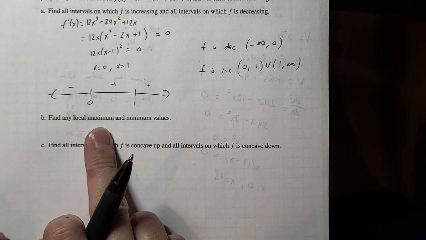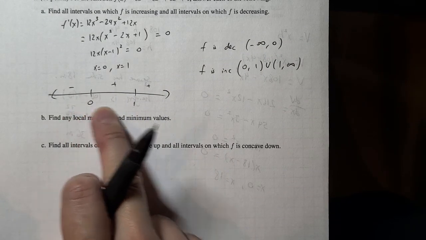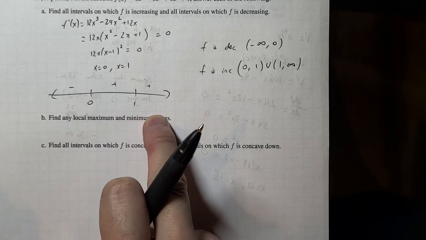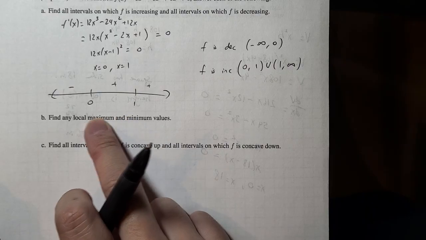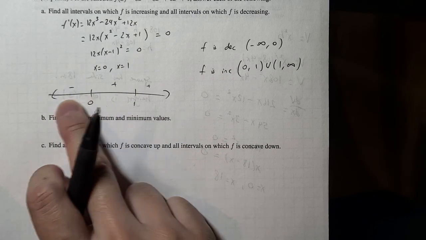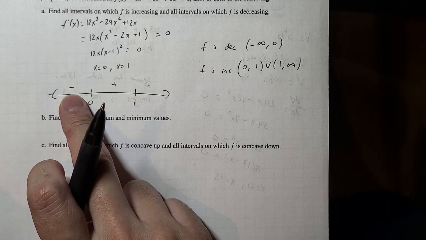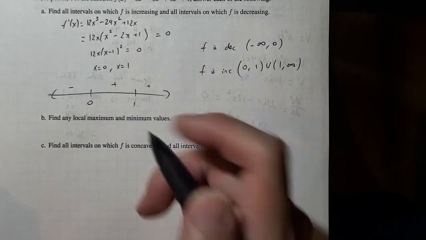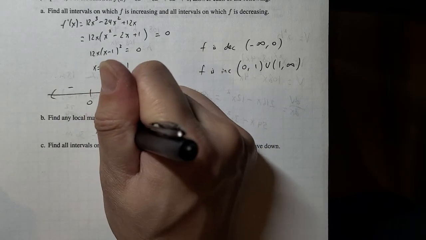Find any local max and min. Well, we can use this first derivative test to find this answer. There is a local max or min when the derivative changes signs. That only happens here. Is this a max or min? The derivative goes from negative to positive, so we know this is a min. Local min at x equal to 0.